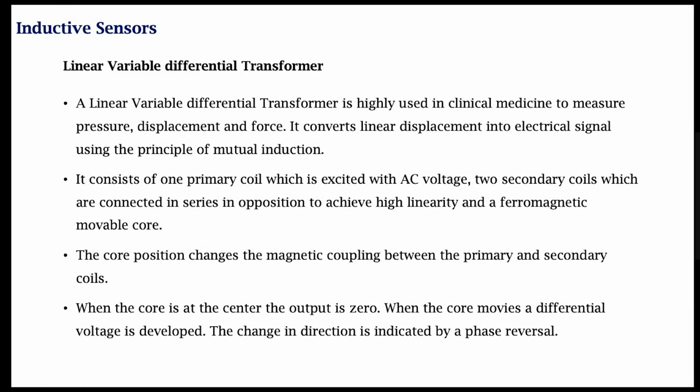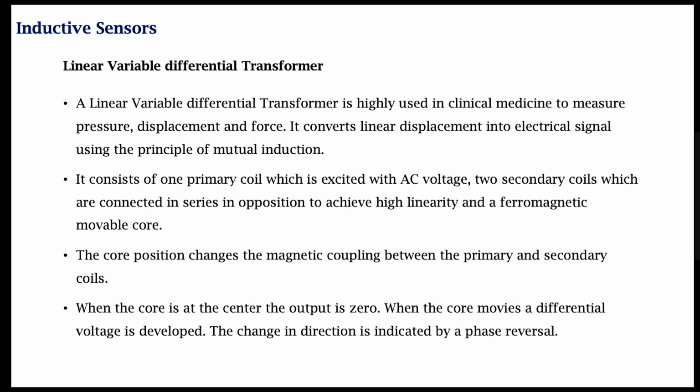It is quite often used in biomedical applications. Often it is used to measure displacements, pressure, forces, and it converts the linear displacement directly into a voltage signal. That is convenient because I can immediately convert it into, for example, a digital signal, which I can then use to process.